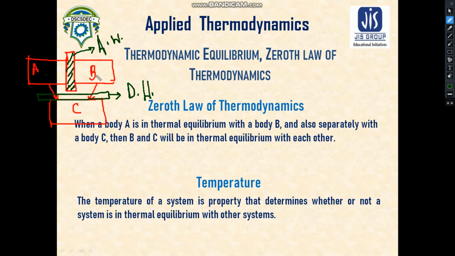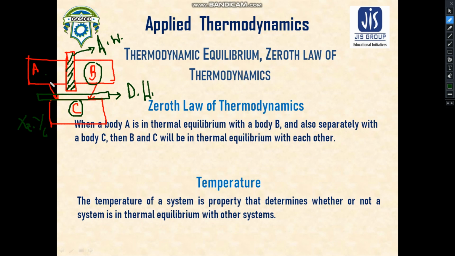Similar things will happen for system B and system C. The properties which change after they attain the equilibrium state are XC and YC. This is the value after attaining the equilibrium state.